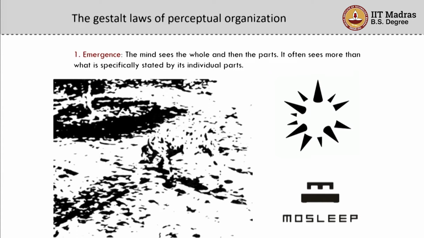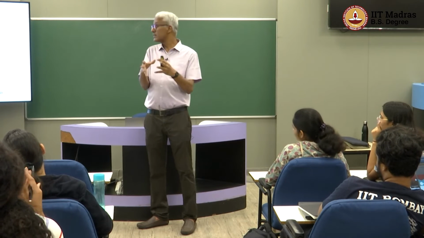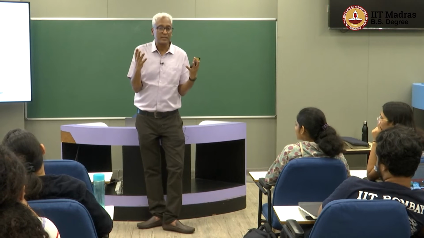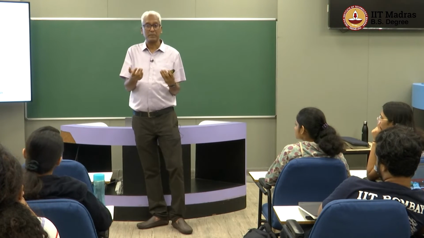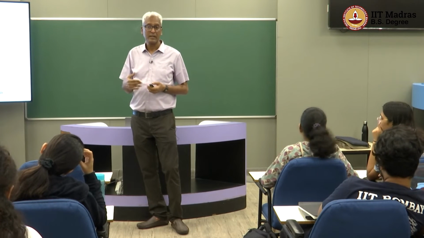Now, this ability of human perception to stitch together this random bunch of splotches and then see an animal there is an amazing ability, right? And one has to wonder why we even have such an ability. It was directly related to the way in which we evolved.